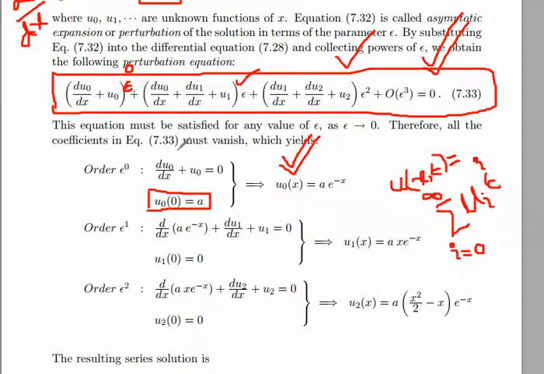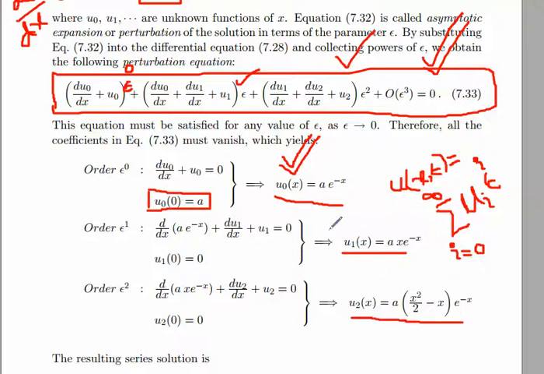The solution of this zeroth order equation has this value. This is exactly the solution of the zeroth order differential equation. The first order differential equation has this solution, and the second order differential equation has this solution.